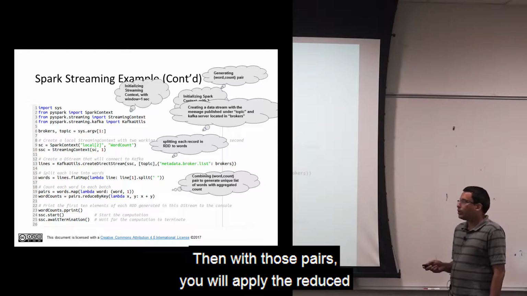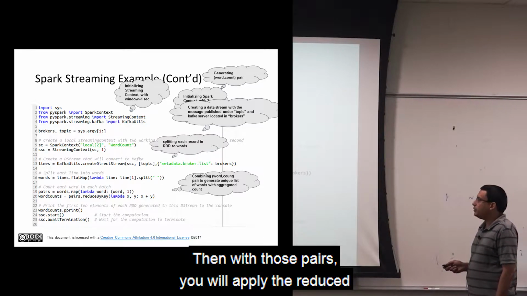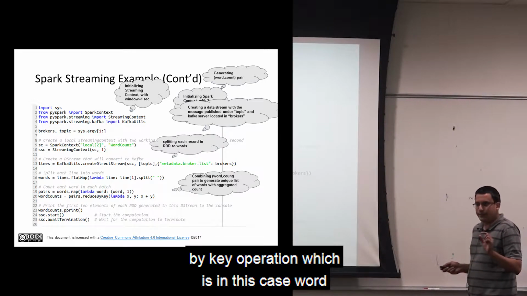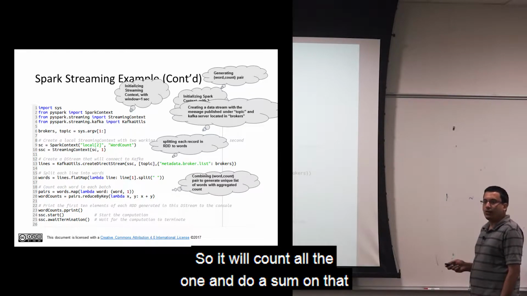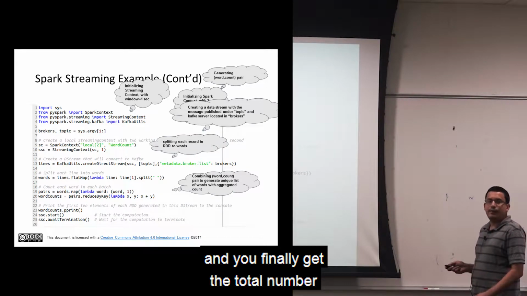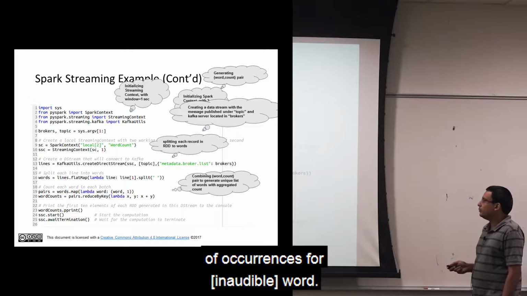Tester, if it comes in the document, it is tester, 1. Then with those pairs you apply the reduce by key operation, which is in this case word, and it will do the sum of the frequency. So it will count all the 1s and sum them, and you finally get the total number of occurrences for a particular word.